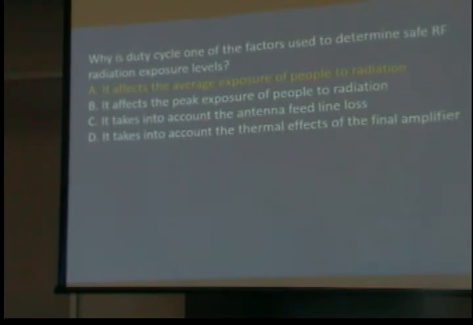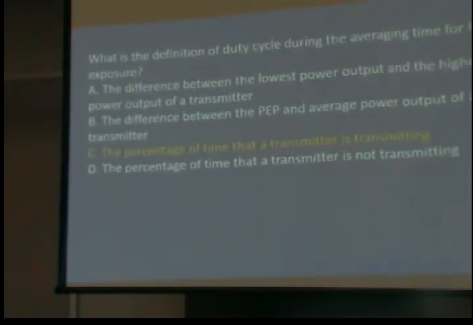Okay? That's what the duty cycle is, how much percent of time is it on. A 50% duty cycle is, it's on half the time. What is the definition of duty cycle during the averaging time for RF exposure? It's the percentage of time that the transmitter is transmitting.